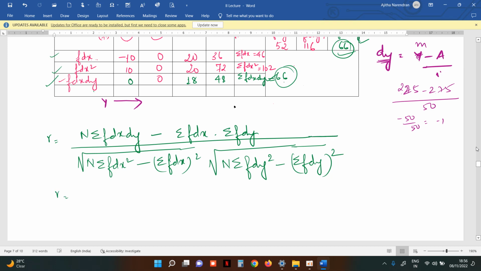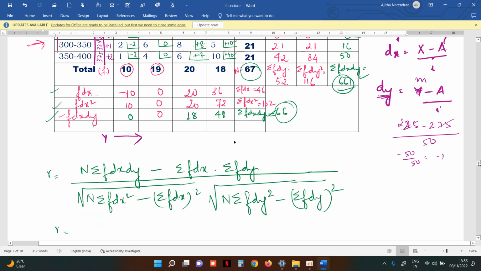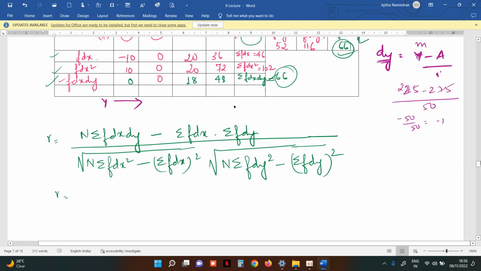N is how much? N is your 60. We have found the value. No, n is 67. This is your n. I'll just put it like this. N is your 67.